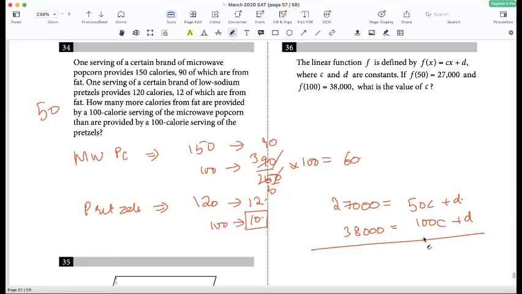So if I subtract these, I get 11,000 is 50c, right? So c is 11,000 by 50, which is 220, right? So c is 220.